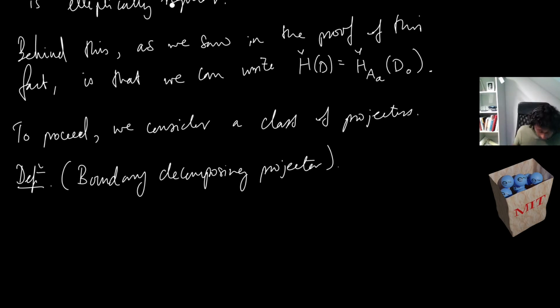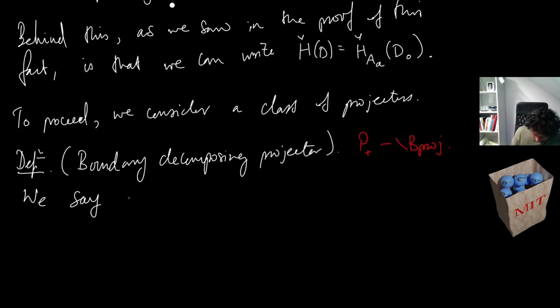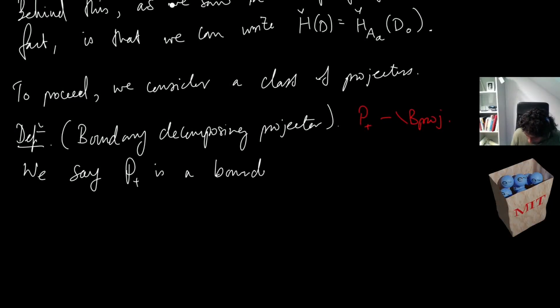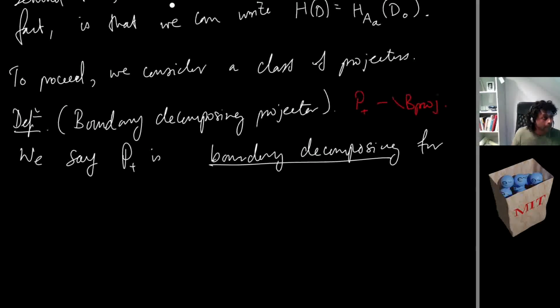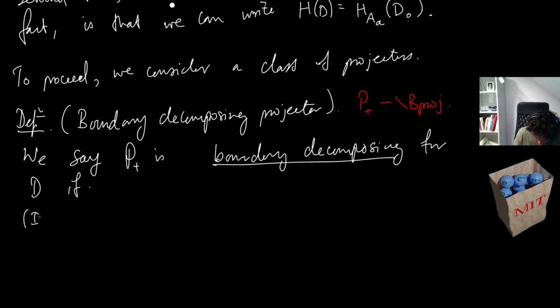Maybe it's a good idea to have the P plus described by something like B proj in the LaTeX, because I want this to be a calligraphy P. So we say P plus is boundary decomposing for D if these 3 points hold.